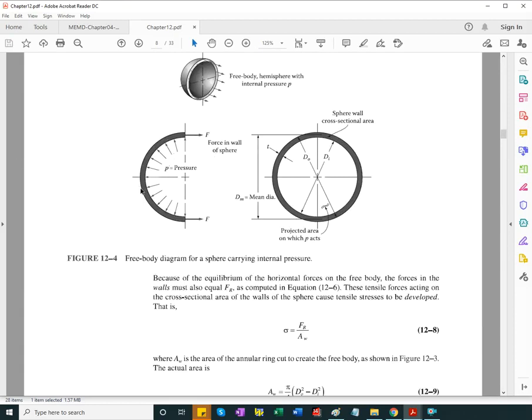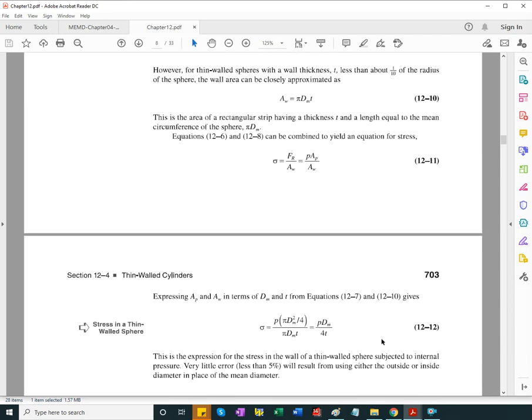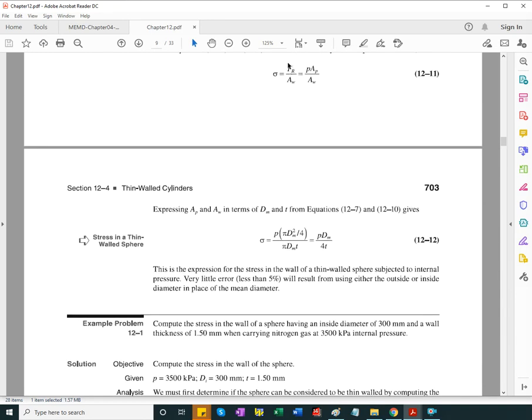Remember, 2 half hemispheres are glued together. What is loading or stressing that glue layer? So resultant force is pressure times projected area, and then the area of the annulus, we agreed upon it.